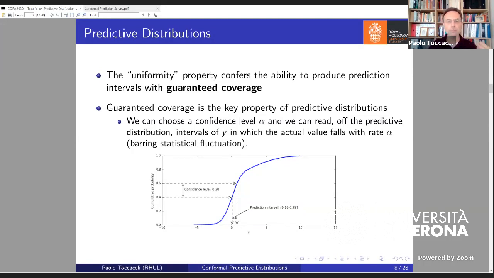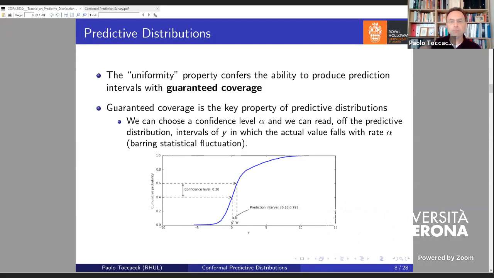If we look at the chart in which I depicted a hypothetical predictive distribution for a hypothetical test object X, and you consider the value of cumulative probability 0.6 on the vertical axis, the dashed line intercepts the graph of the cumulative of the predictive distribution at a point with coordinate 0.79 on the horizontal axis, which is the axis of the label y.